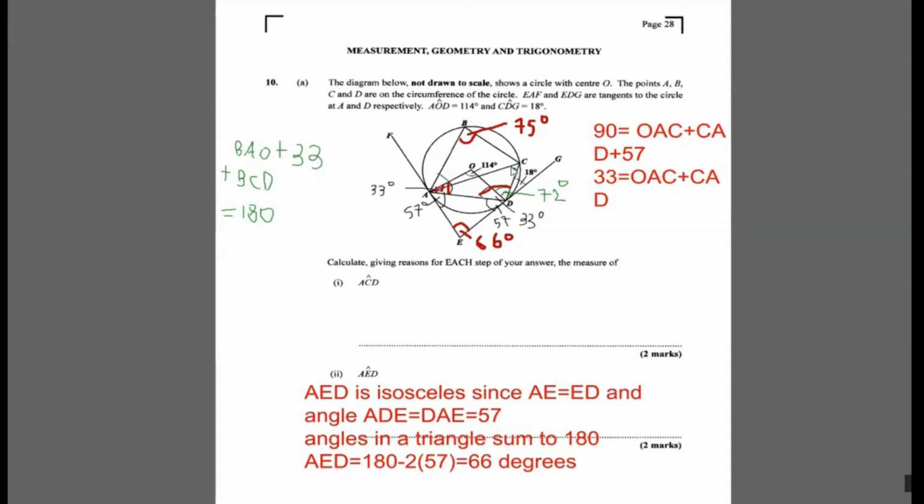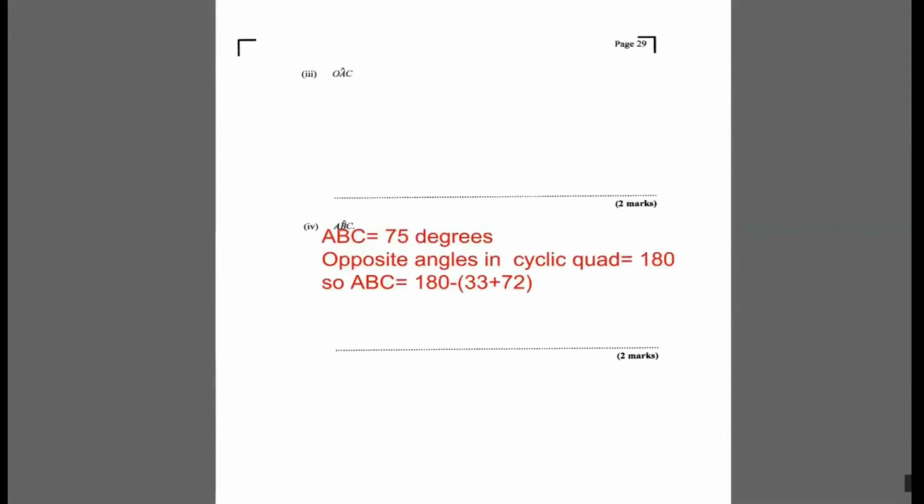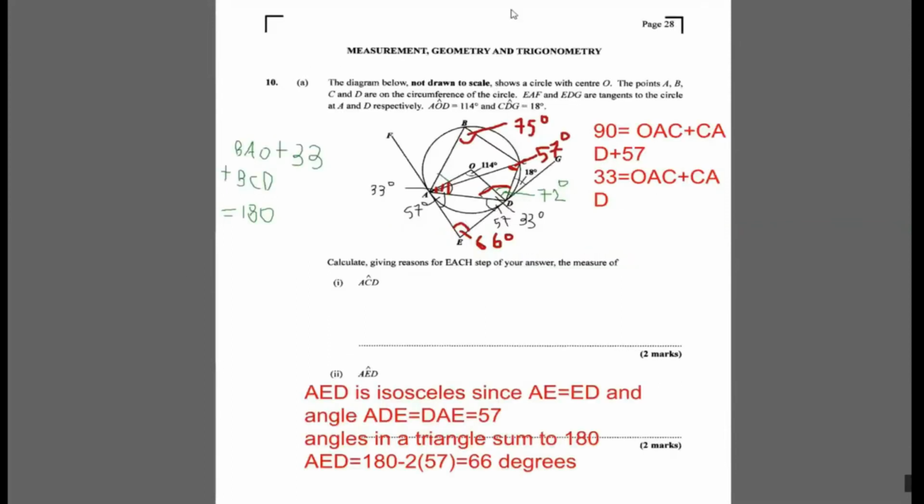This is so easy, man. I can't believe I forgot that one. So this one right here should be 57. Angle at C is 57. Nice and easy. We didn't even need to do anything else.